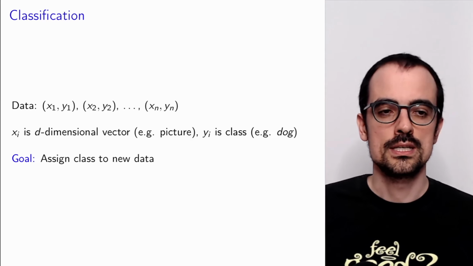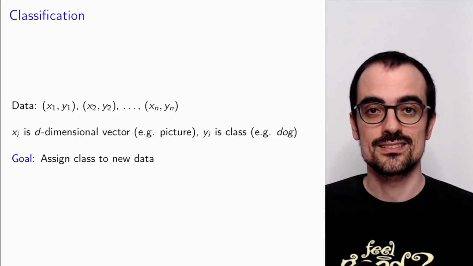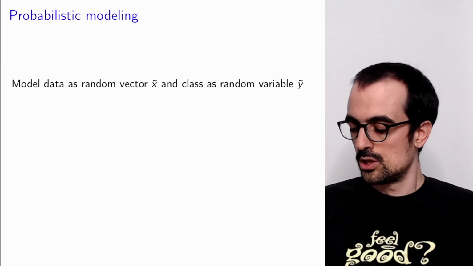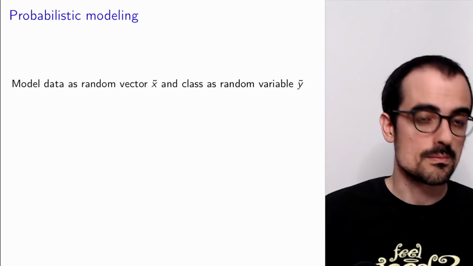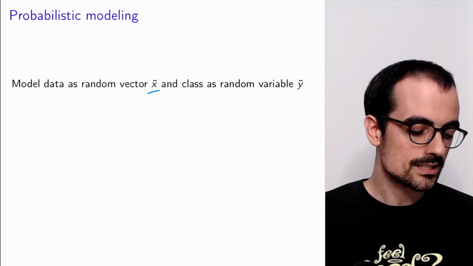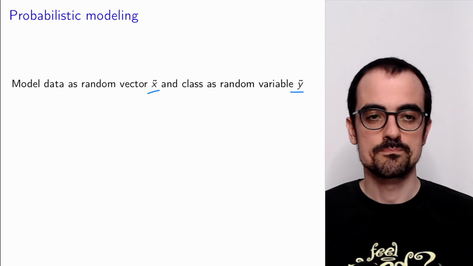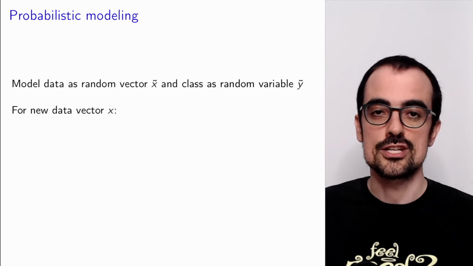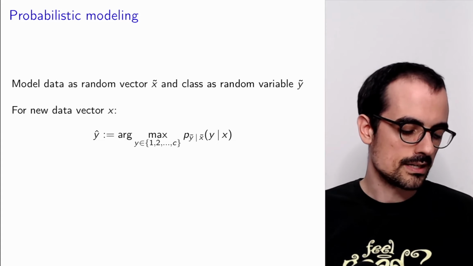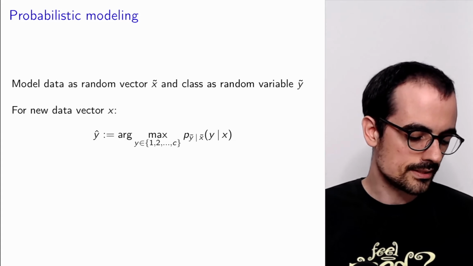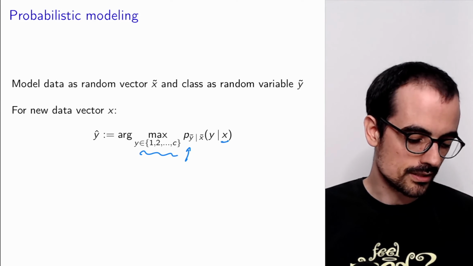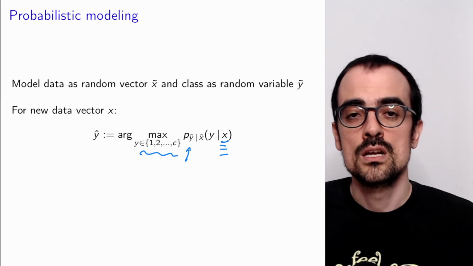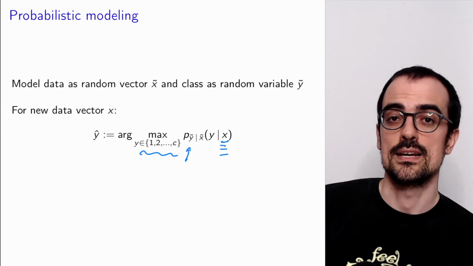From a new data point, you need to assign it its class. A very reasonable way to model this probabilistically is to model the data as a random vector x and the class as a random variable y. When I get a new data vector x, I'm going to ask what's the probability of the different classes given that particular value of x, and I'm going to choose the class that gives me the largest probability.